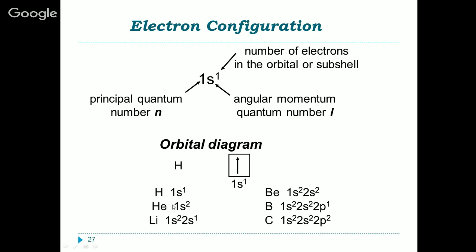So what do we do when we finish filling out 1 orbital? We have to move to the next energy level and start filling out that orbital. Beryllium, 1s2, 2s2. If we add our exponents together, it should give us the total number of electrons that we have. And recall from the periodic table, your atomic number tells you both protons and electrons for a neutral atom.